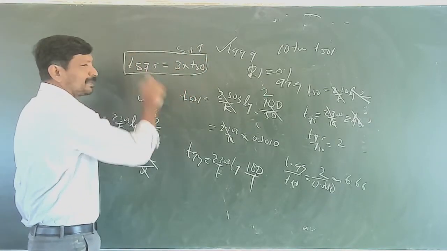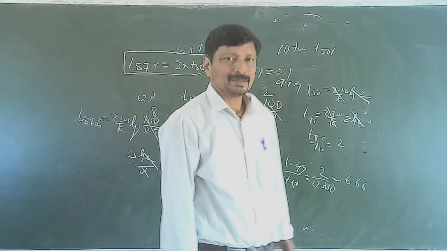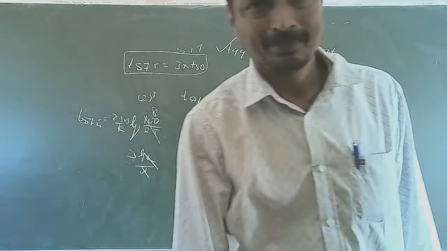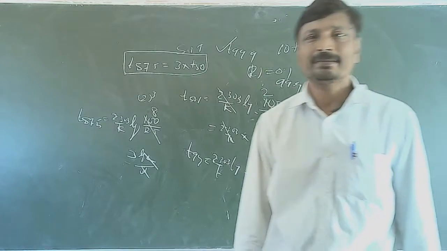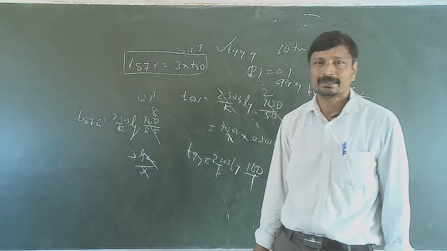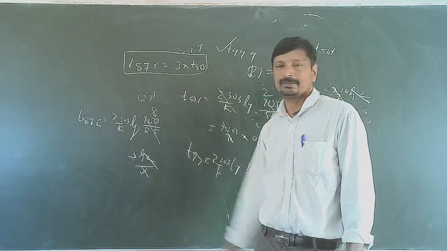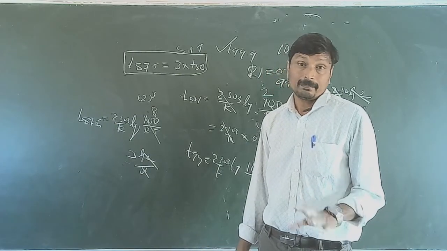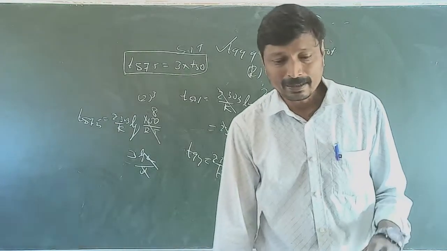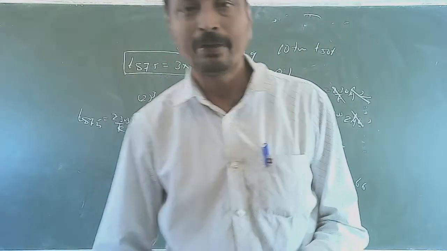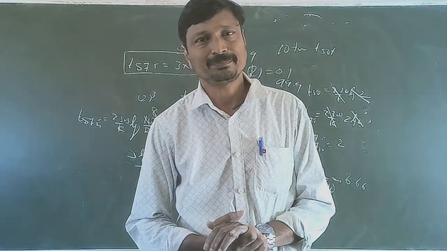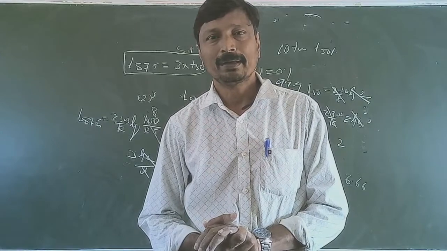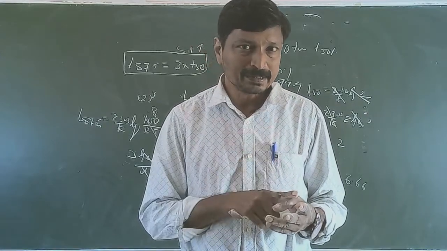So, in CET and competitive exams, a shortcut method is required to calculate the time. There you have to use this equation. T 50% is a very important factor. By knowing T 50%, you can find out the order of the reaction. One thing you have to remember is about the half-life period.